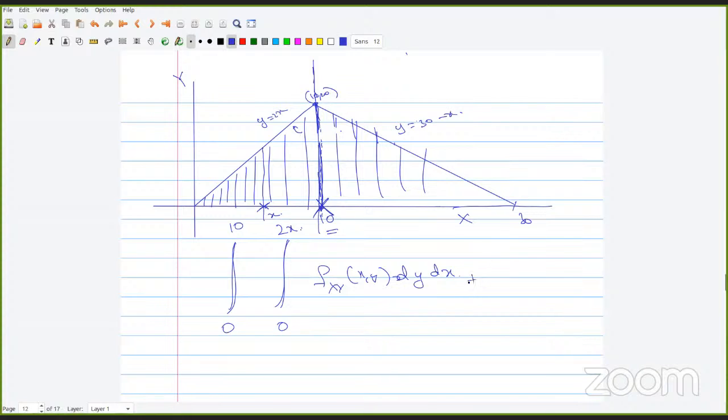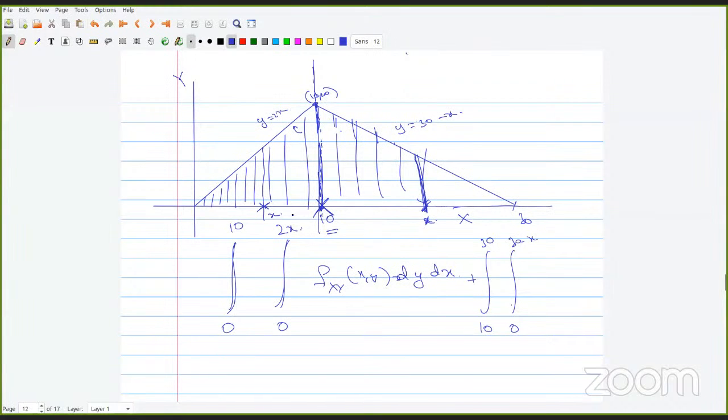The other part is from 10 to 30, and here you choose any random x. The process is the same, so y goes from 0 to 30 minus x. Whatever we are doing is the same for every case. We fix the limits of one random variable, making it independent.